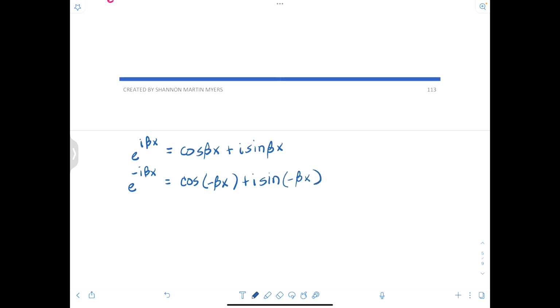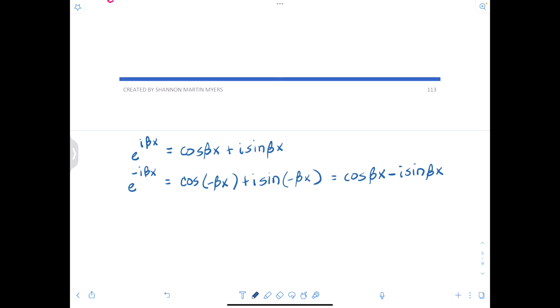Well, recalling from our negative angle identities, the cosine of a negative angle is just itself because it's an even function, so you get cosine beta x. And then sine is an odd function, so we would get minus i times sine beta x. Cool so far?